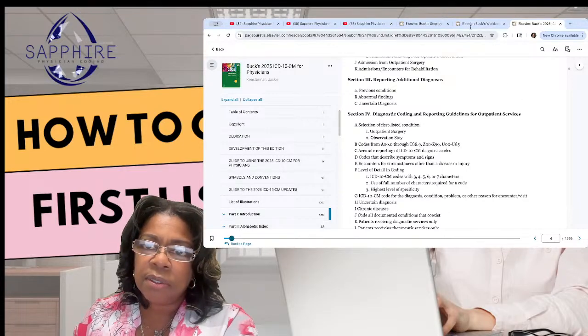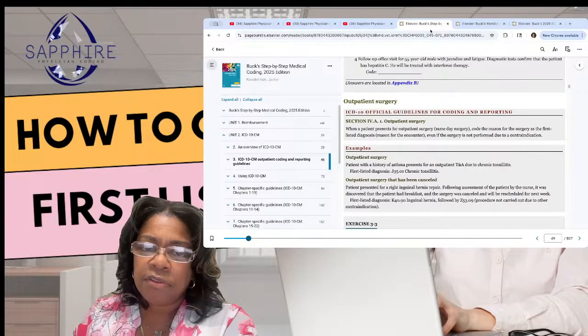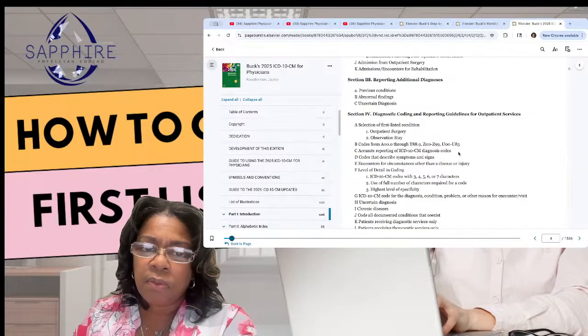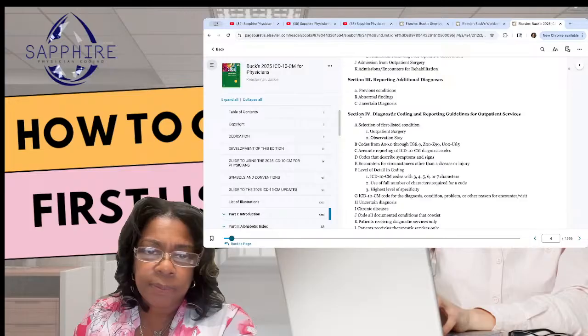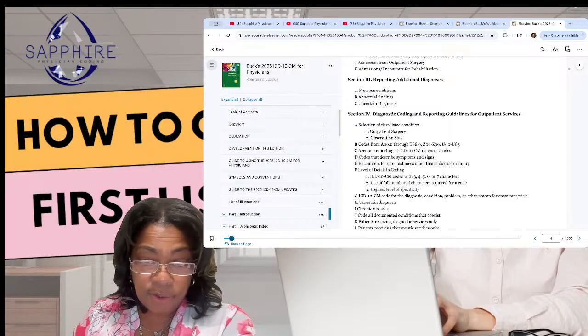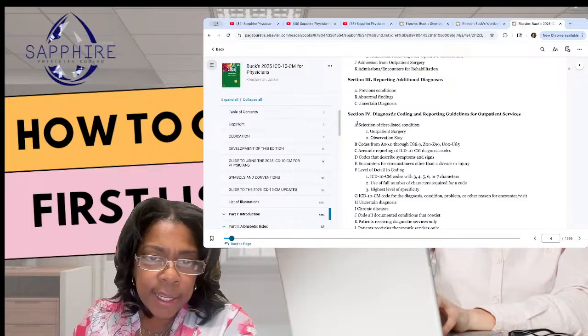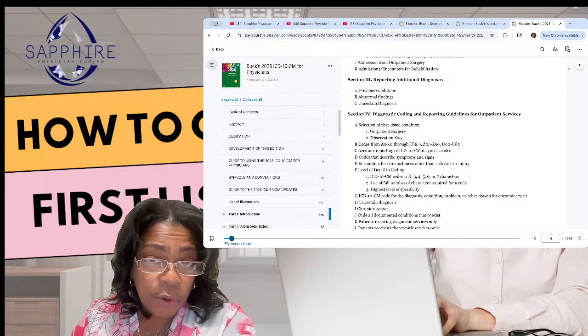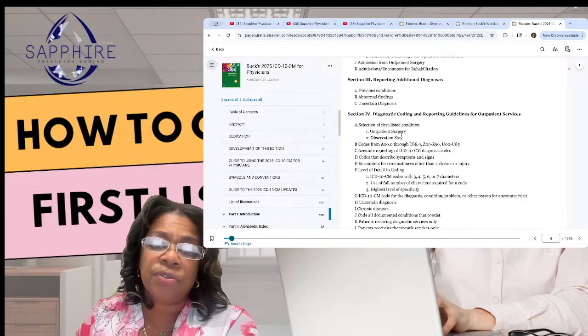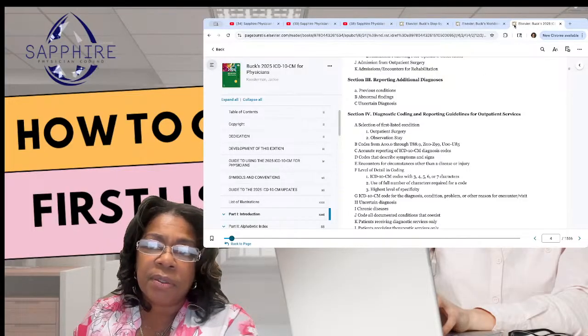Let me go back to it. Section 4A1. Look, section 4. Do I got y'all on there? Yeah. Section 4A1, outpatient surgery. Section 4, period A, period 1, period outpatient surgery. Right? Look.